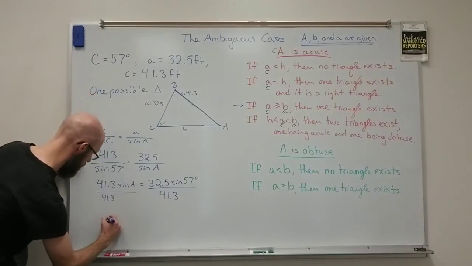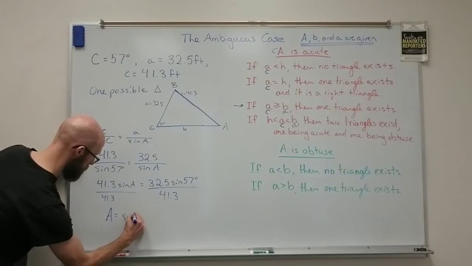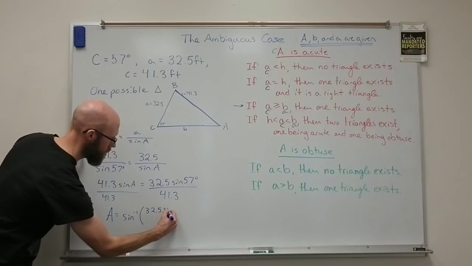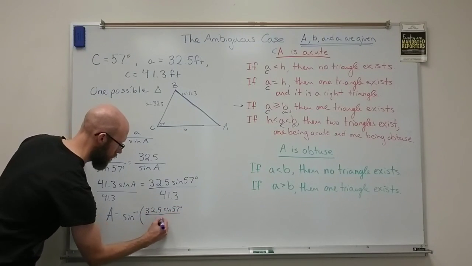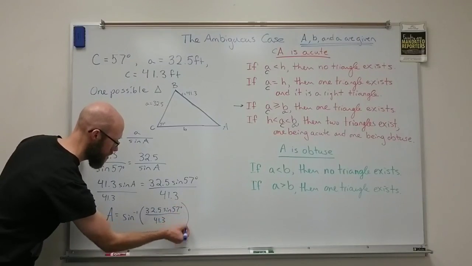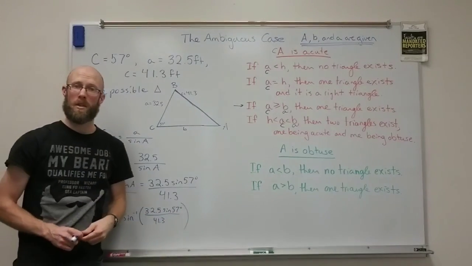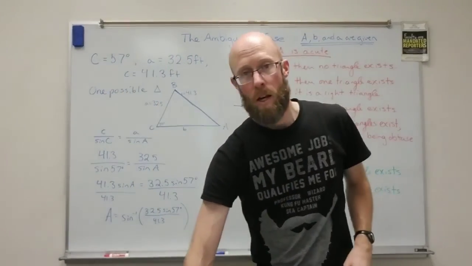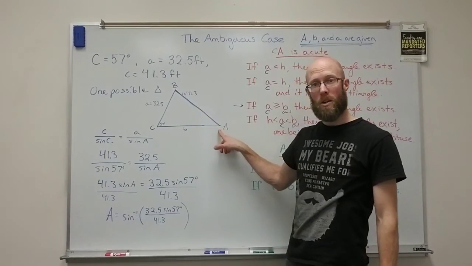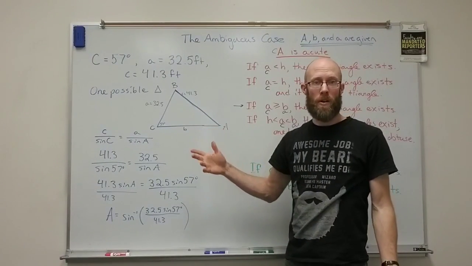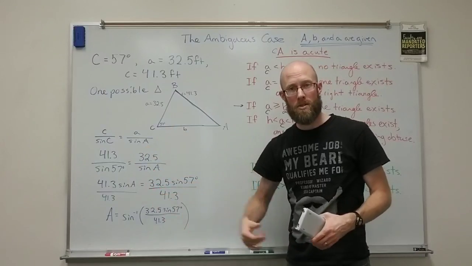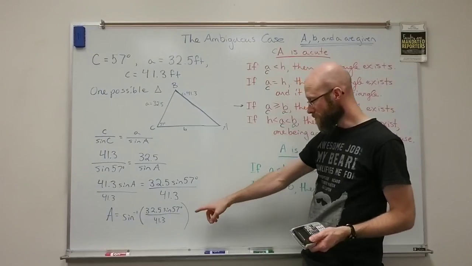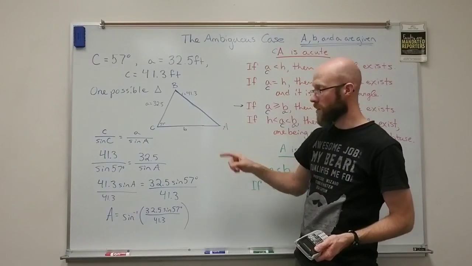So let's say that A is going to be the inverse sine of that fraction, 32.5 sine 57 all over 41.3. So I type that in my calculator, and remember, you're either going to get a first or fourth quadrant angle, but because I know this is going to be an acute angle, I just need the first quadrant. I don't need the fourth. I don't need to worry about trying to get it into the second for an obtuse angle. All I need is the first quadrant angle.